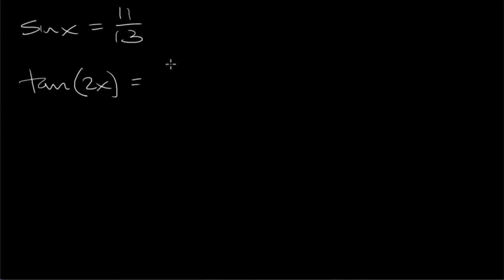We knew that sine of x was equal to 11 over 13, but we're trying to find tangent of 2x, which we know is 2 tangent of x over 1 minus tangent squared of x. But just so you know, there is an alternative.